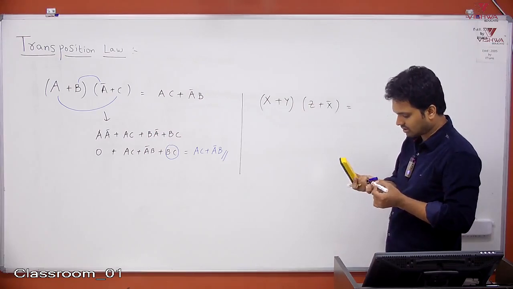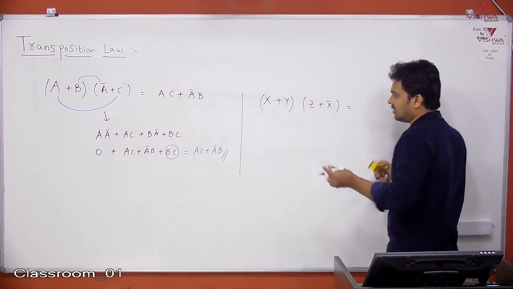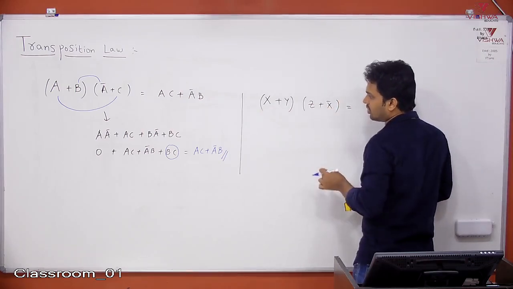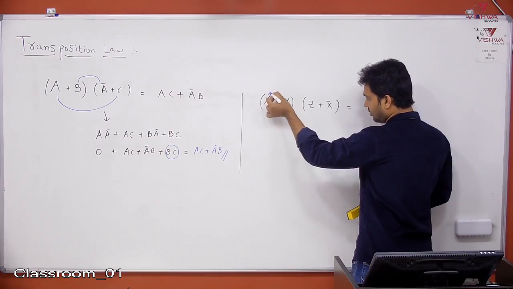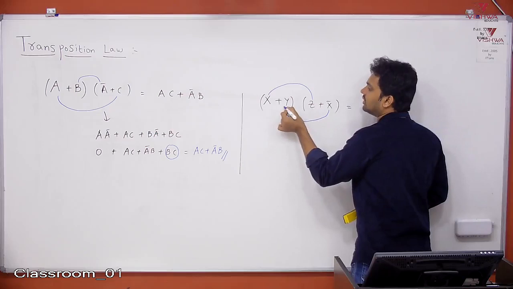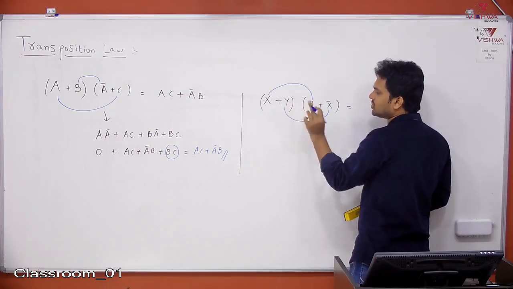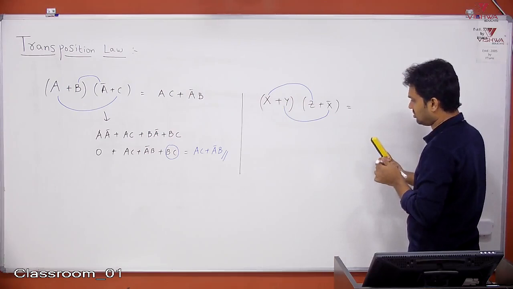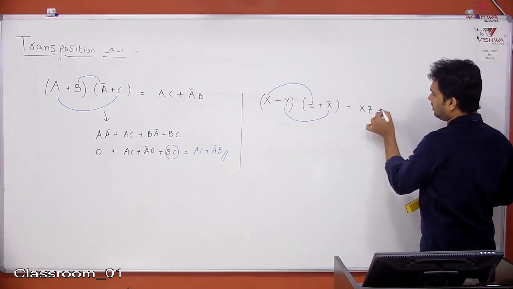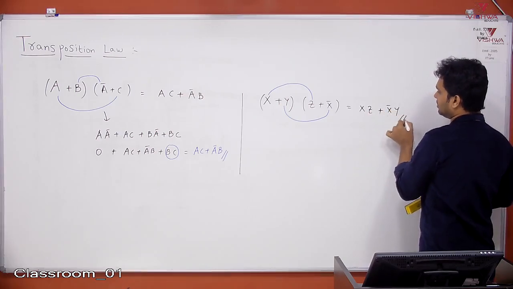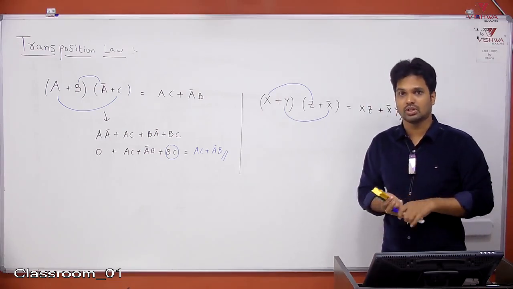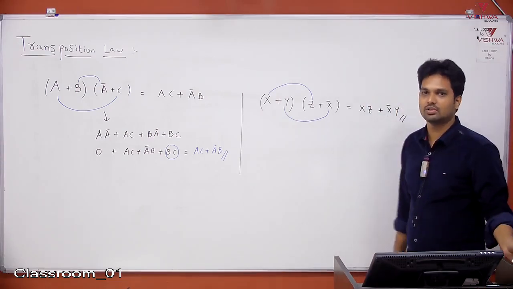Here to get the answer, what is the procedure is, whenever you have a variable, its complement here, how to do the product? See here, variable into other than complement, complement into other than variable. They can interchange the position, doesn't matter. So what is the answer now? Variable into other than complement, X into Z plus X bar into Y. Okay, that is about your transposition law. Please copy it.